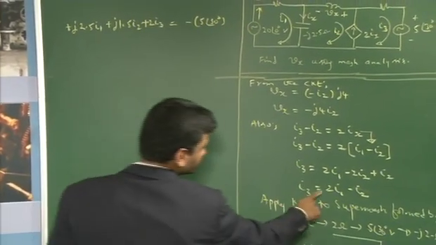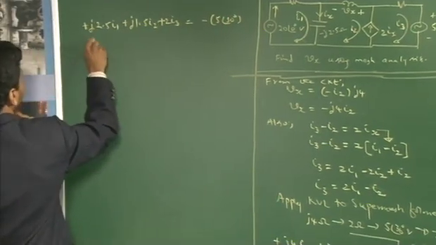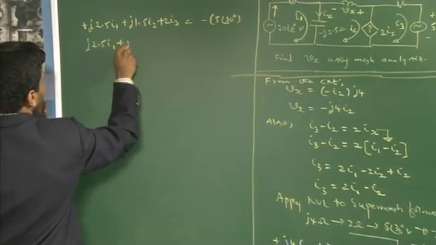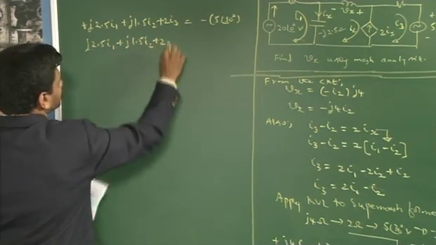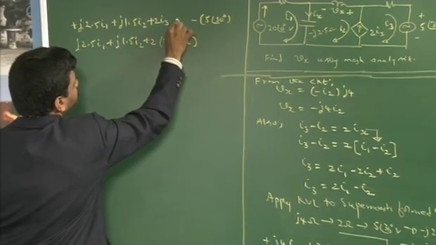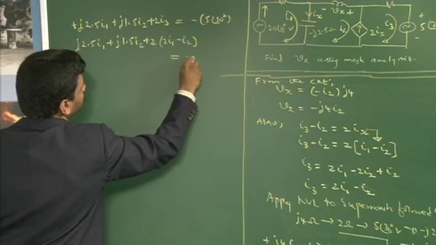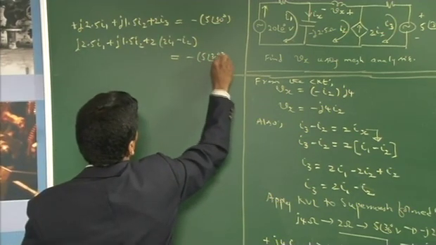Now, substituting I3 as 2 I1 minus I2, okay. So, j2.5 I1 plus j1.5 I2 plus 2 times (2 I1 minus I2) is equal to minus 5 at an angle of 30 degree.